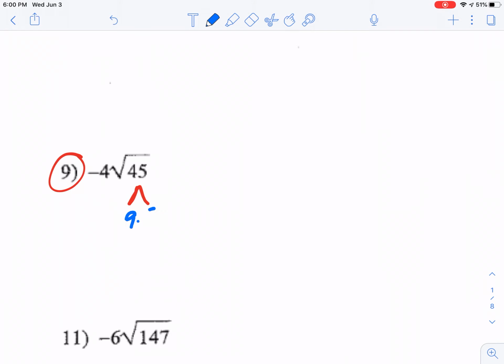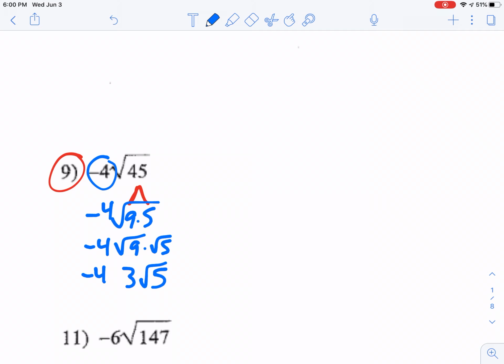So 9 times 5. So square root of 9 times square root of 5. Square root of 9 is 3. Square root of 5 is just square root of 5. But we also have this negative 4 on the outside of the radical. So that gets multiplied. Negative 4 times 3 is negative 12, square root of 5.